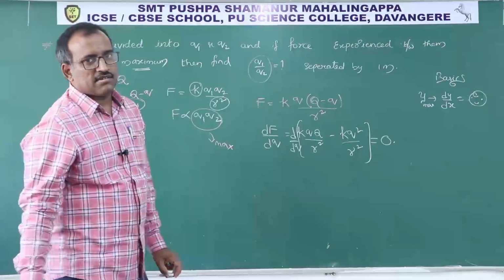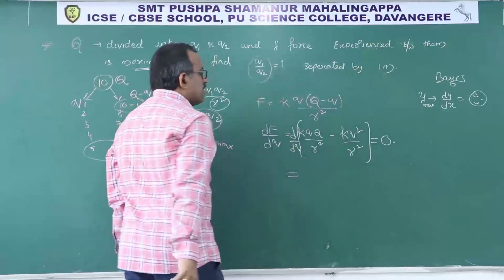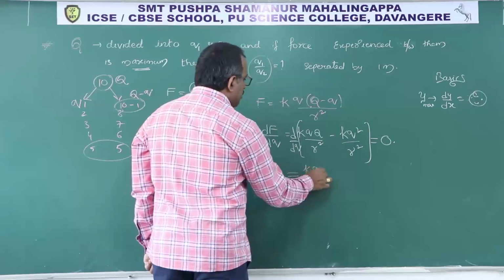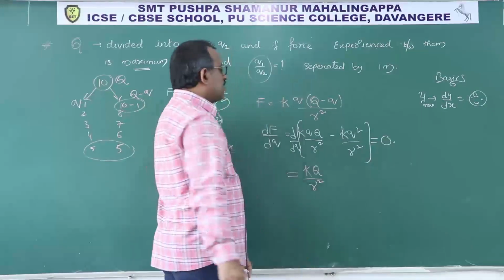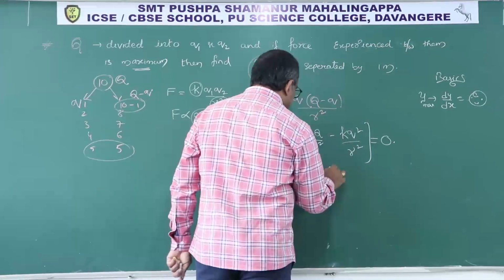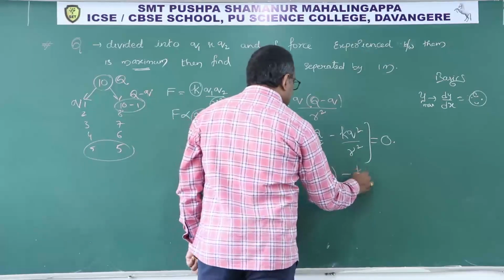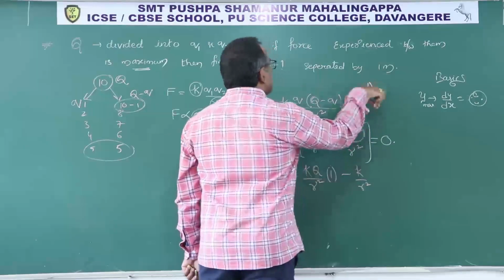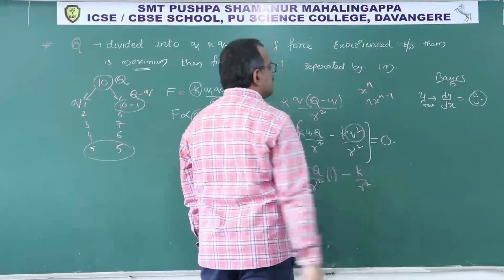Then you can see clearly, if I differentiate, constant taken out, k, capital Q by r square constant out, clear? Then dq by dq is 1, everybody knows that, minus k by r square out, differentiation of q square, x power n differentiation, n into x power n minus 1.